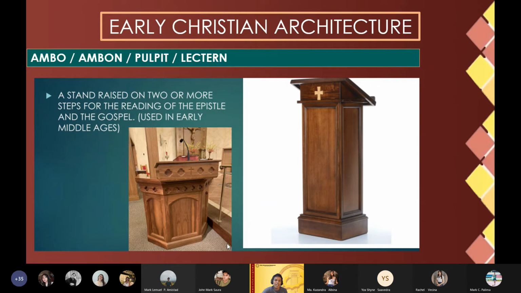So again, the term is ambo, ambon, pulpit, or lectern. It's just the same. Usually made of wood. Some modern ones use metal or stone, but usually it is made of wood.